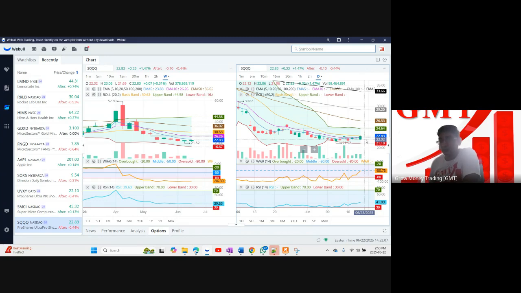So if it breaks this mid Bollinger Band resistance, your call, assuming that you might have taken within the last 2 or 3 sessions, should give you good return.